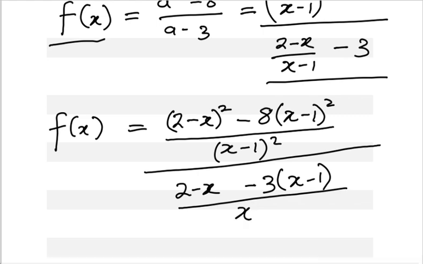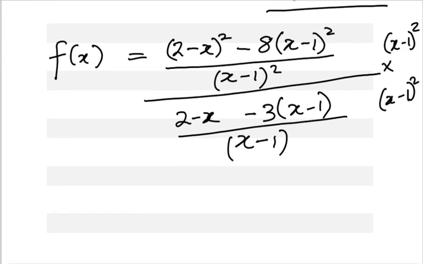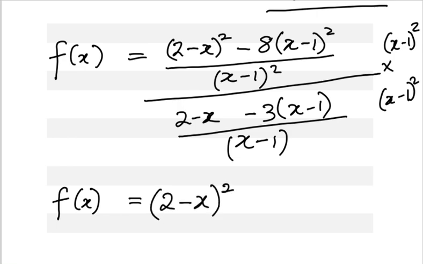So the next thing we're going to do here is to multiply both the numerator and denominator by x minus 1 squared. If we do that, we'll have that our f of x is going to give us (2 minus x) all squared minus 8(x minus 1) all squared, because this will cancel this.